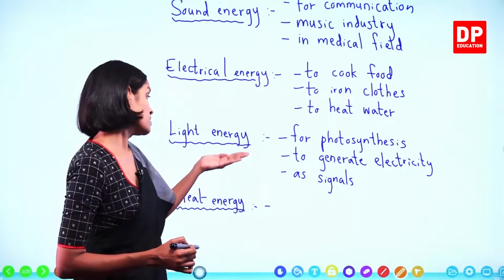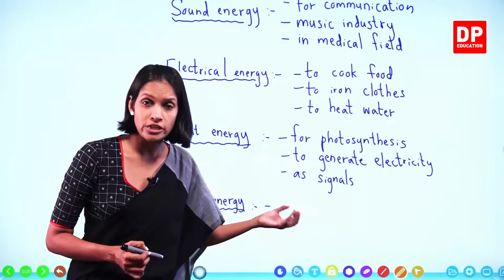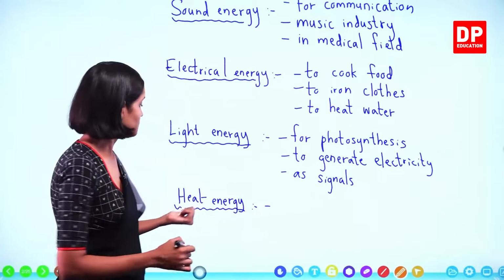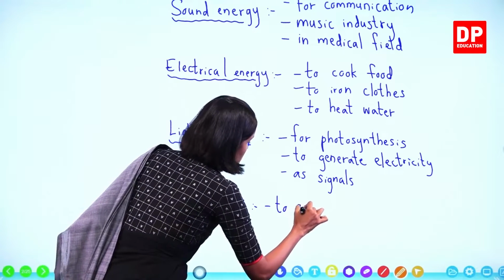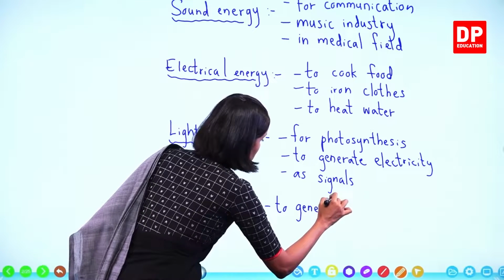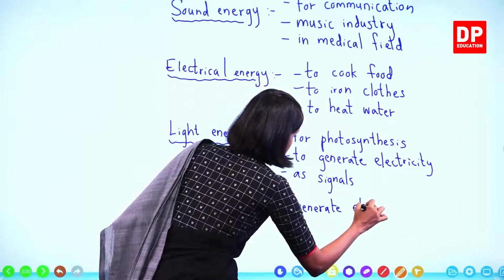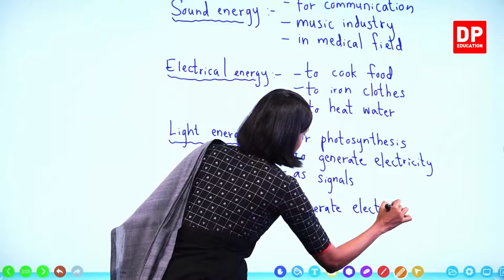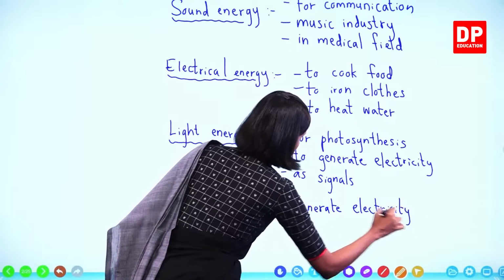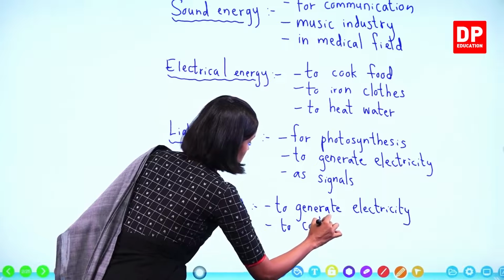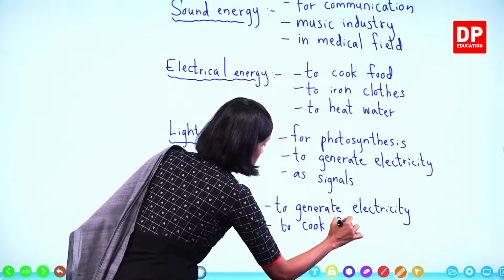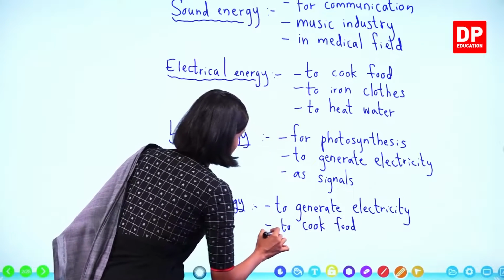Heat energy is necessary to cook food, to dry clothes, okay? Let's write. To generate electricity. To cook food. To dry wet clothes.